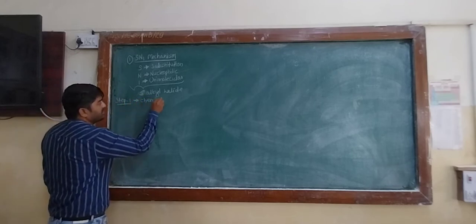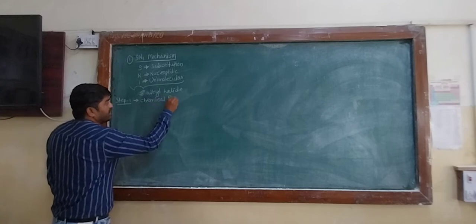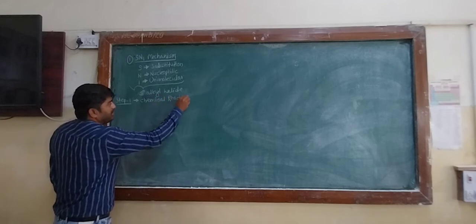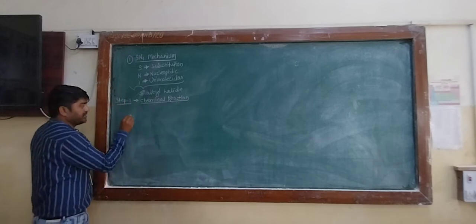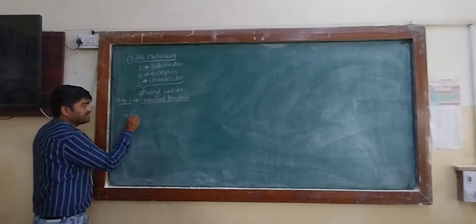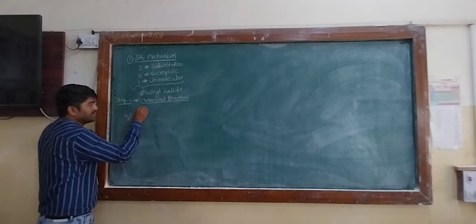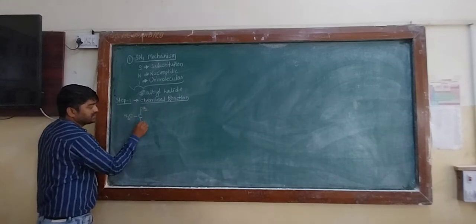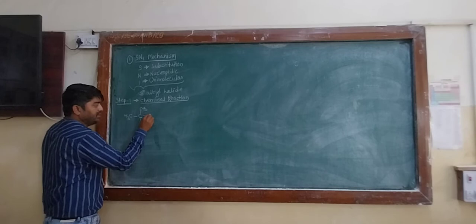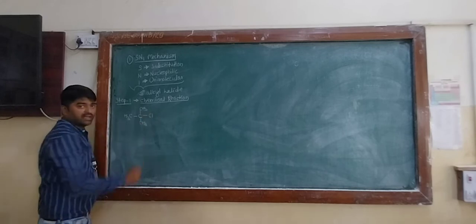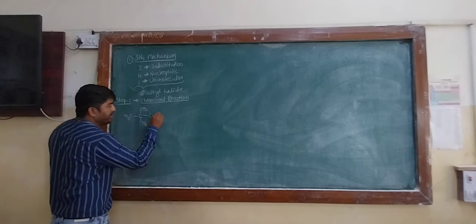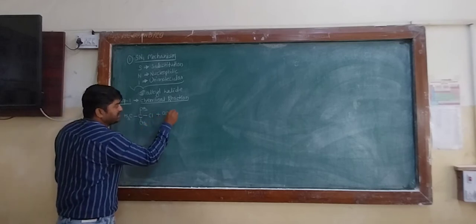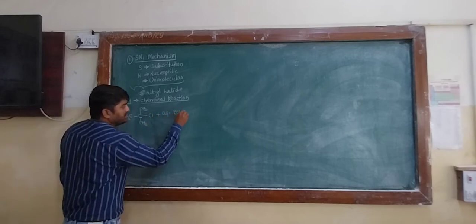Your starting material is a tertiary alkyl halide, (CH3)3C-Cl, that is tertiary butyl chloride or 2-chloro-2-methyl propane, plus aqueous KOH.